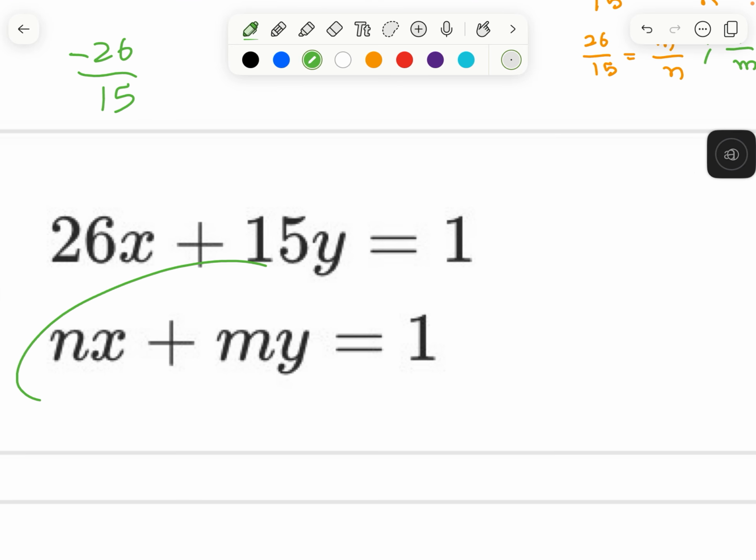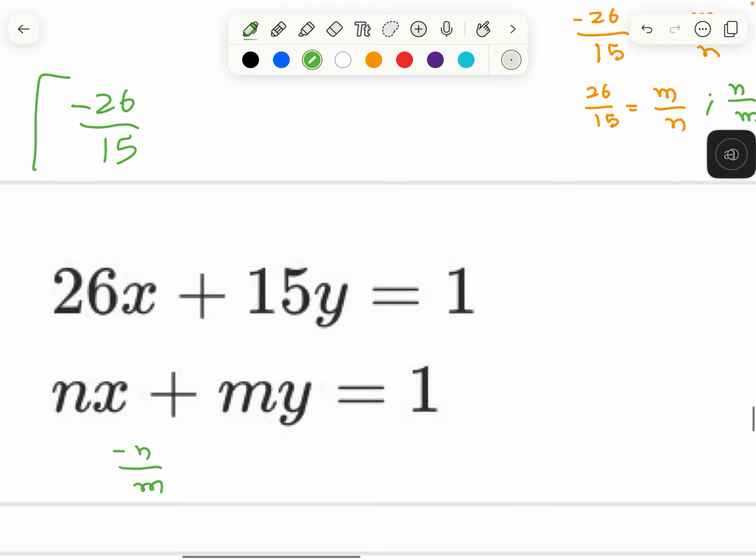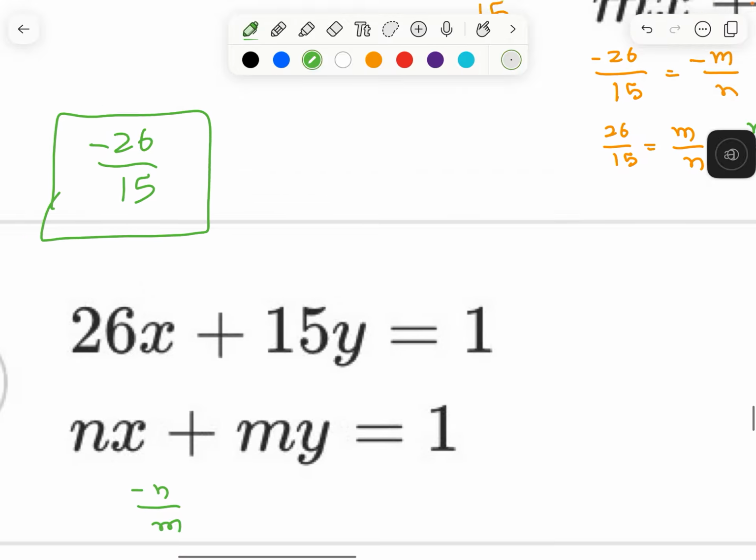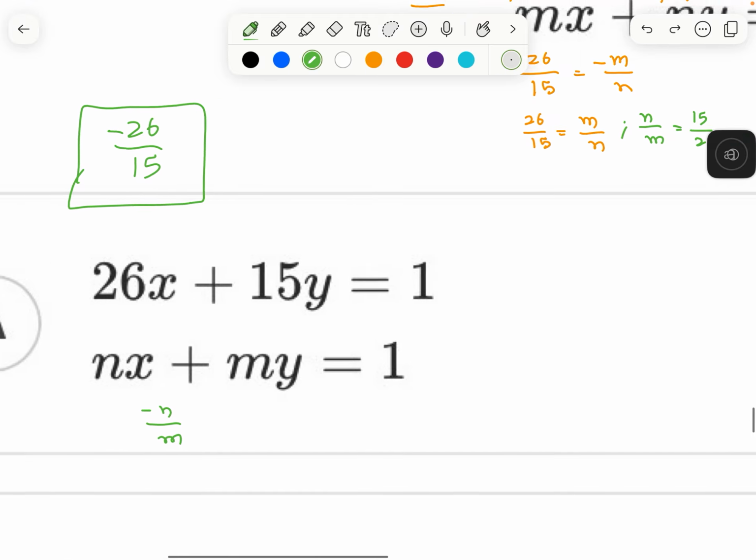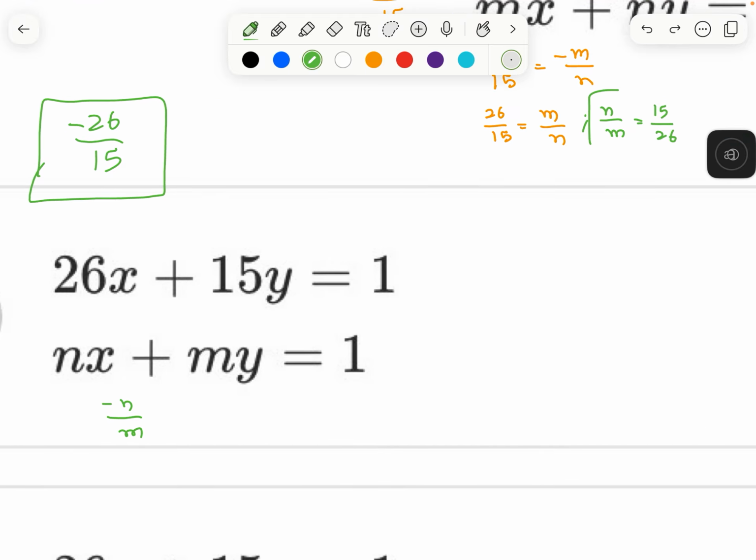And for this second part, negative A over B is negative n over m. So on one hand, we have negative 26 over 15. What is negative n over m equal to? This is where this comes in. If n over m is 15 over 26, then negative n over m is just negative 15 over 26.